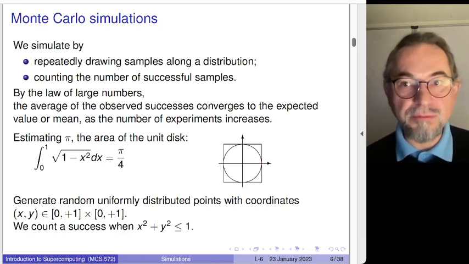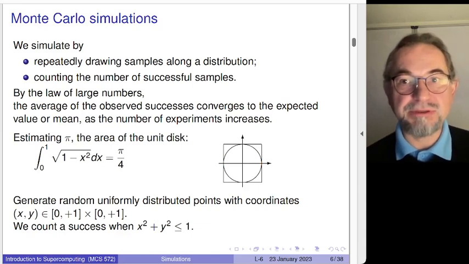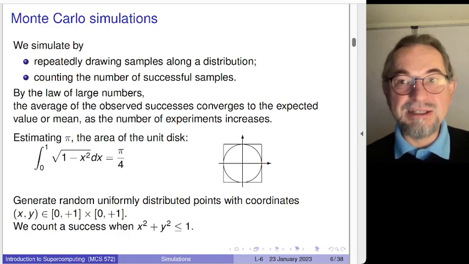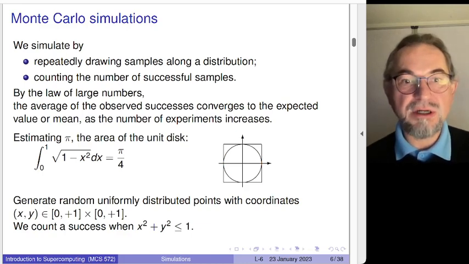So this is not a good method for pi, but for multi-dimensional integrals, and I will give examples of an application of that, Monte Carlo simulations are often the methods of choice for high-dimensional integrals.